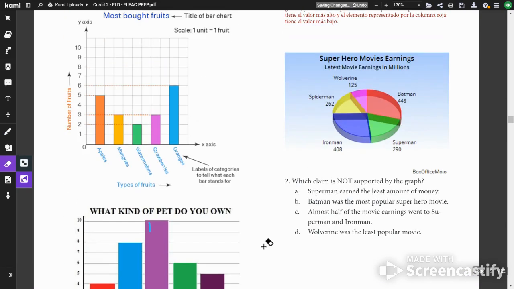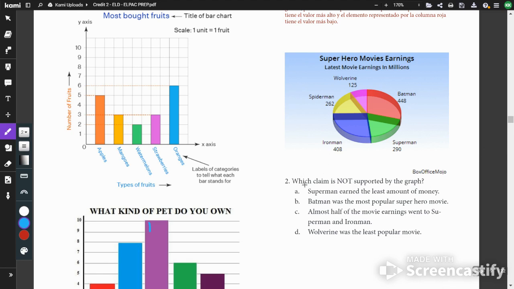Now, in the last credit, you learned about pie charts. So, of course, I'm going to give you some practice answering that. Superhero movies, the latest movie earnings in millions. This is a chart about how much each movie has earned, dollar-wise.